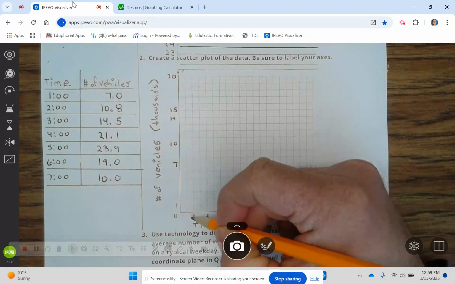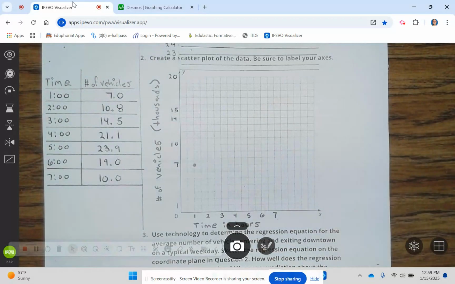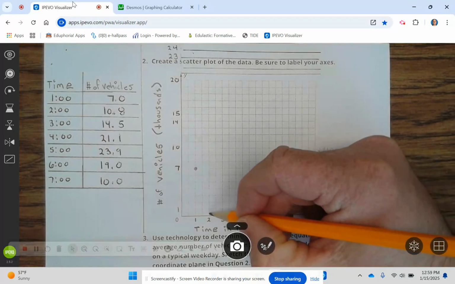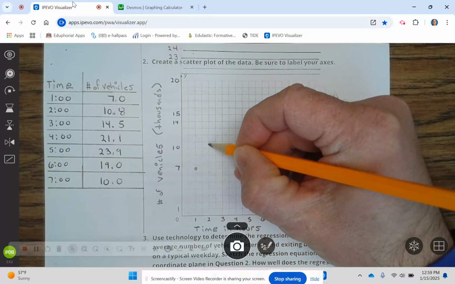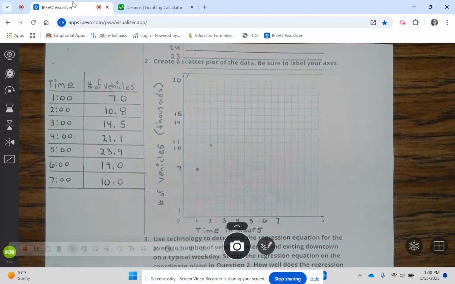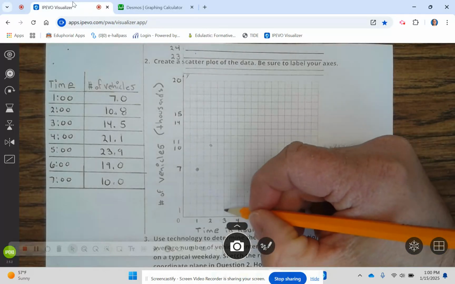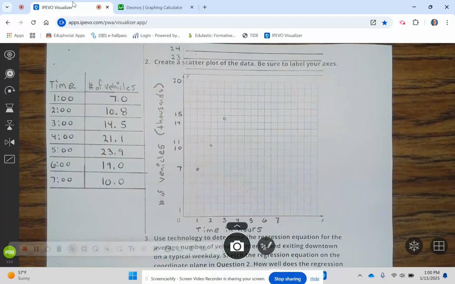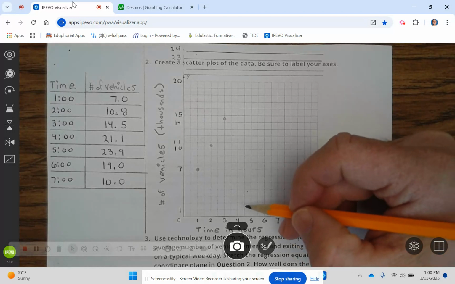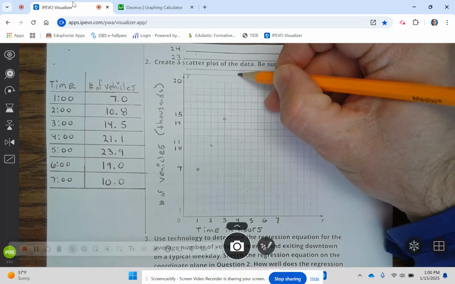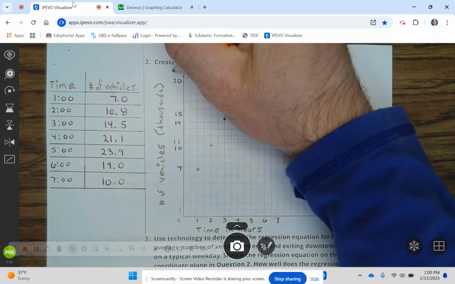So 1 p.m., 7. So 1, 7. 2, 10.8, which is almost at 11, but not quite there. 3, 14.5, which is between 14 and 15. And then 4 is 21.1, which is about right there.